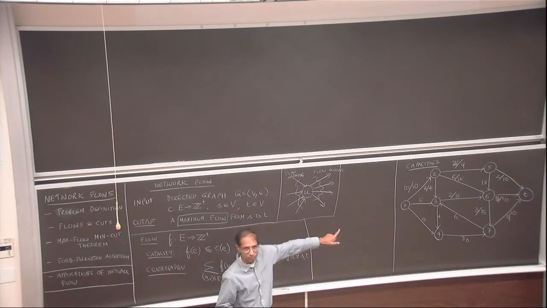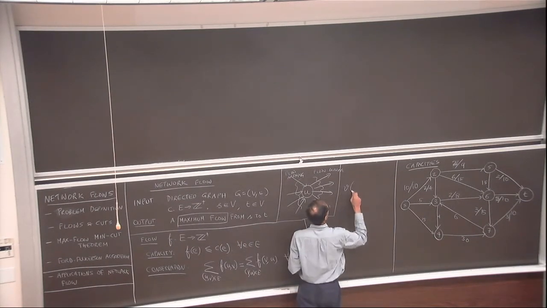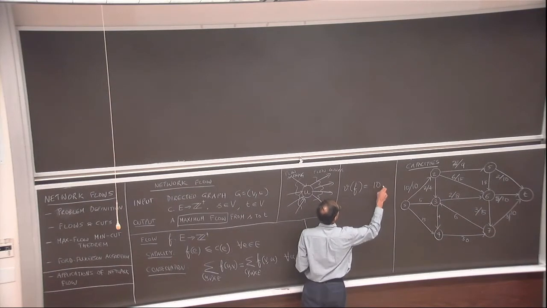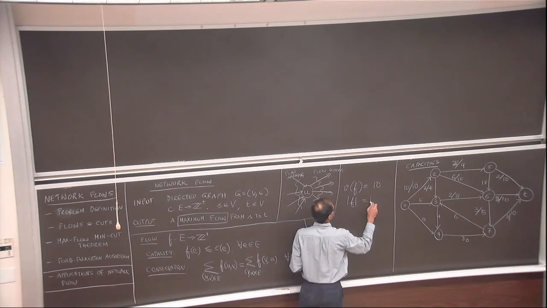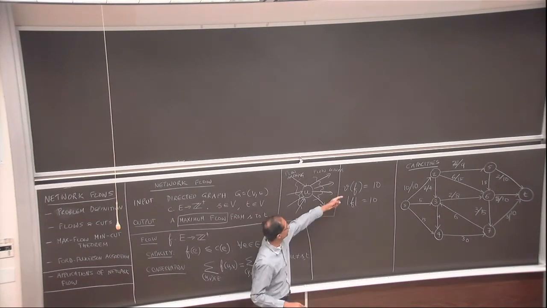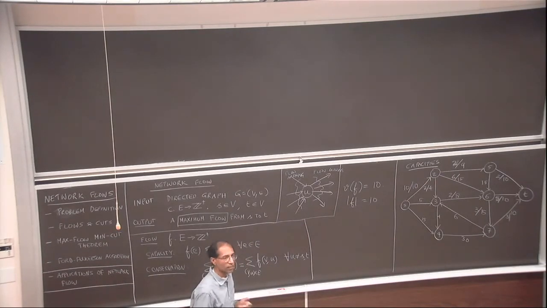So this is the flow, right? What is the value of the flow? The value of the flow is the amount of stuff you sent out from the source. Which is how much? 10. So the value of the flow, sometimes you just write this notation. I think the text uses this notation. You will switch back and forth with these notations. How do you define the value of the flow? It is literally the amount of stuff that has left the source.